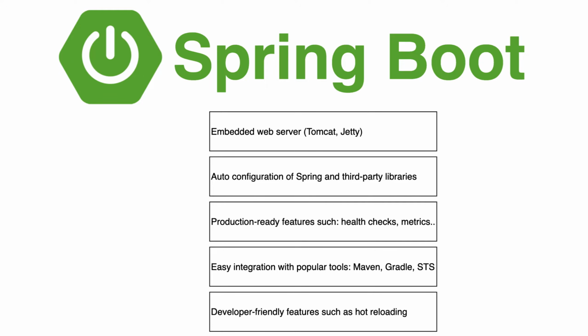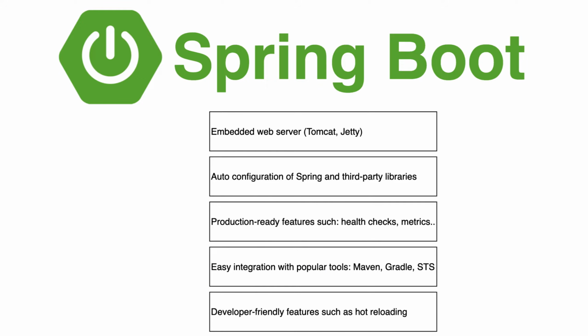Spring Boot includes several key features that make it popular among developers, including embedded web servers such as Tomcat and Jetty, automatic configuration of Spring and third parties, production-ready features such as health checks and metrics, and then easy integration with popular tools such as Maven, Gradle, and Spring Tool Suite, and finally its developer-friendly features such as hot reloading, automatic restarts, and customizable logging.